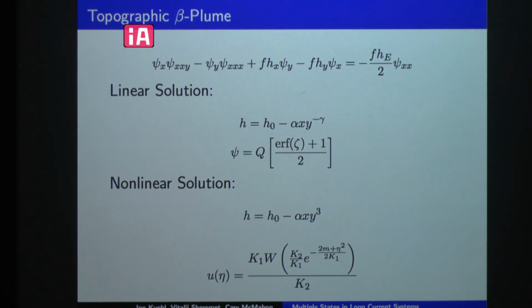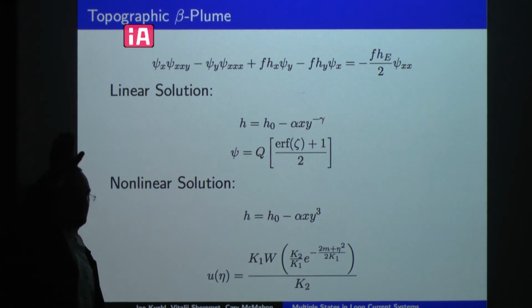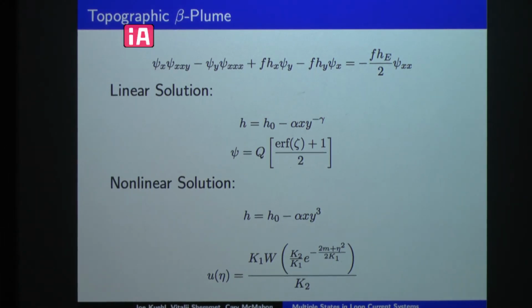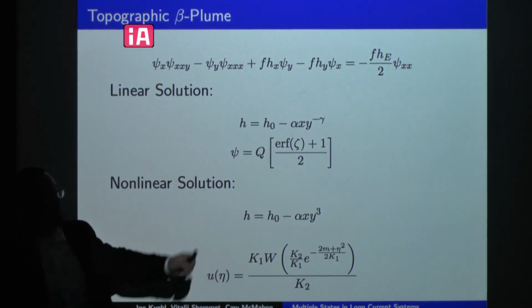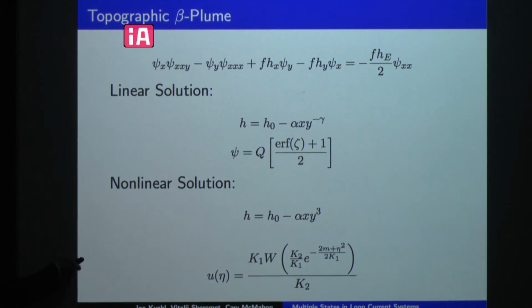So we have a slope that if gamma there is equal to 0, it's just a constant straight slope, or that slope can be varying up or down by setting parameter gamma here. So this is just a generic slope topography. Crossing out the nonlinear terms, you can actually solve this analytically, and you get an error function solution.